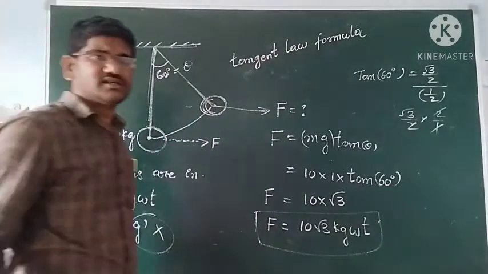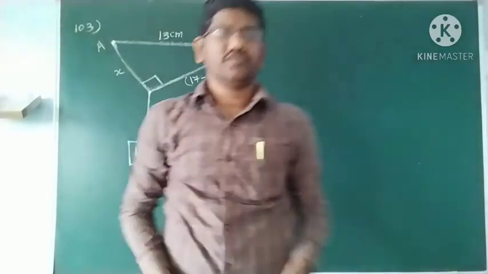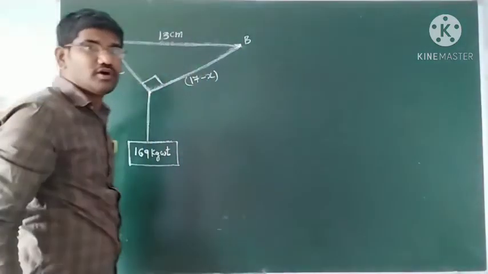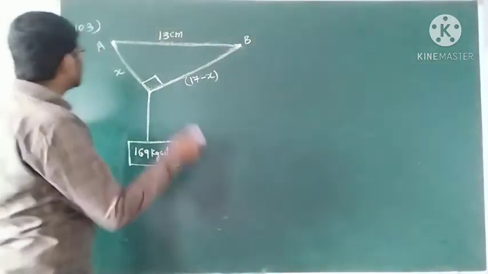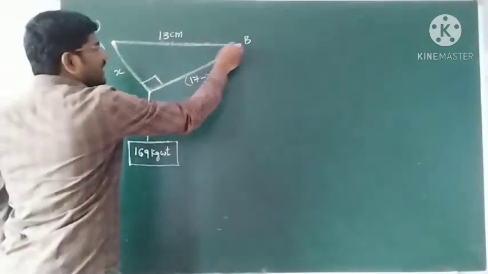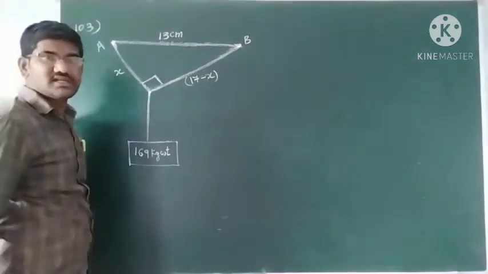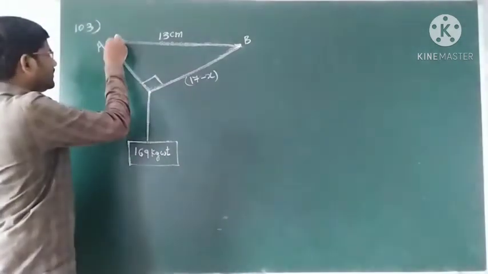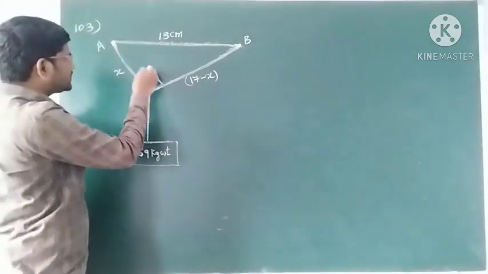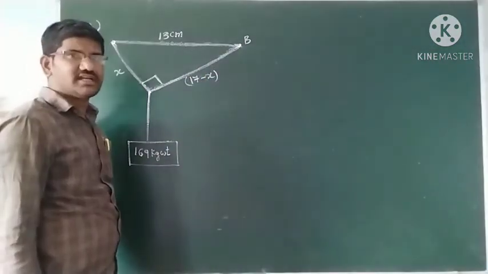Okay, students. See problem number 103. A and B are two pegs separated by a distance of 13 centimeters. Between these two pegs, one thread is connected and its length is 17 centimeters.